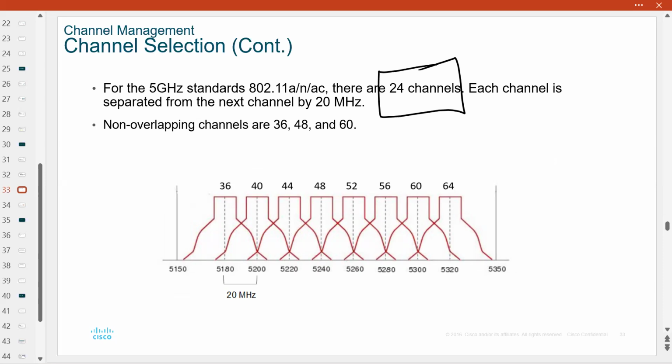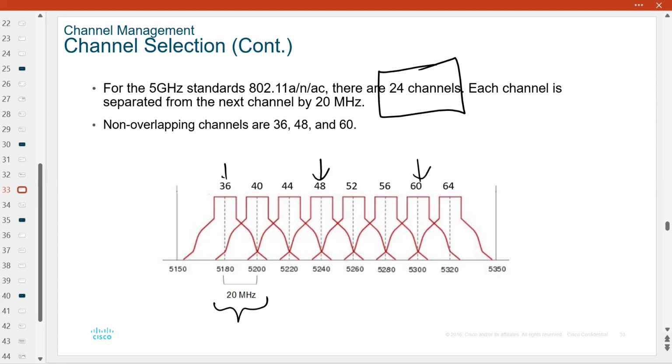Not sure how they come up with these numbers, but this is just channel 36. The ones we were doing before had channel 1, 2, 3, up to 11. This one is 36, 40, 44, 48, etc., until you have 24 channels. Separation between channels is 20 megahertz, as I said, and for non-overlapping channels, we can have 36, 48, and 60.